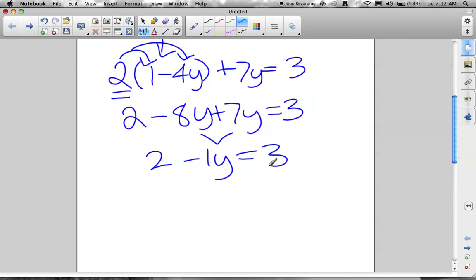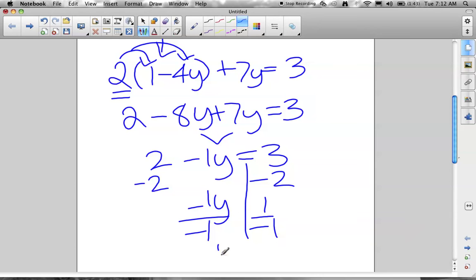Then we need to get y by itself, so you're going to subtract 2, leaving negative 1y equals 1. Again, negative 1y is not the same as 1y, so we're going to need to divide by that negative 1. And you get y equals negative 1.